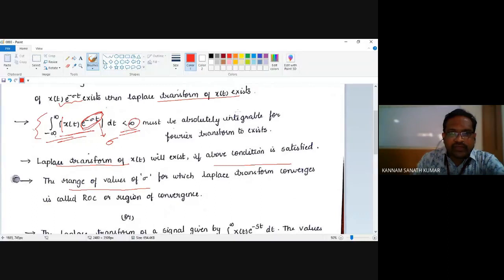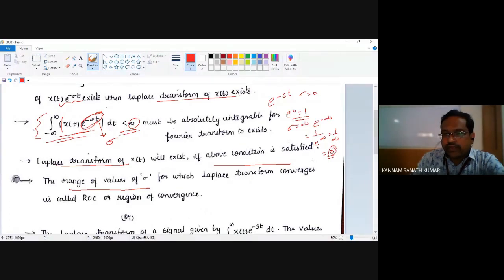With e power minus sigma t, when sigma equals 0, e power 0 equals 1, a finite value. When sigma equals infinity, e power minus infinity equals 1 by e power infinity, which is 1 by infinity, giving 0. Zero is also a finite value.